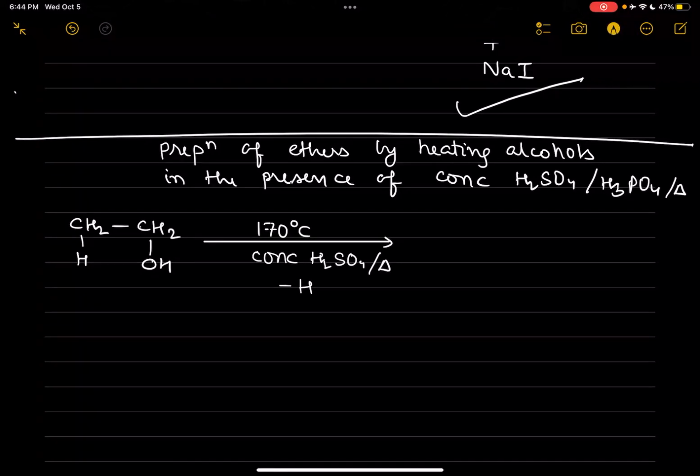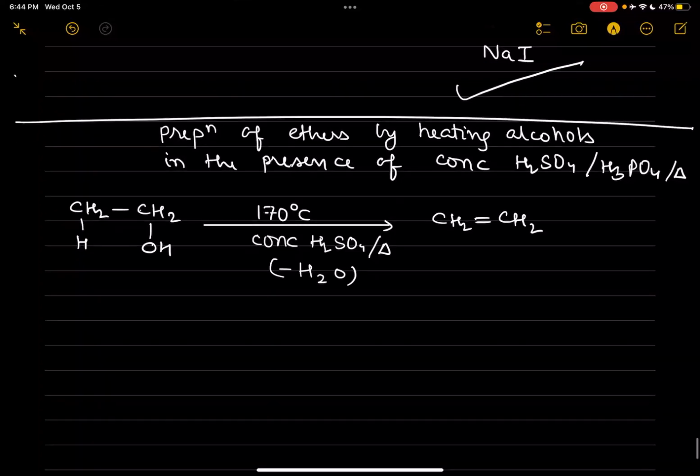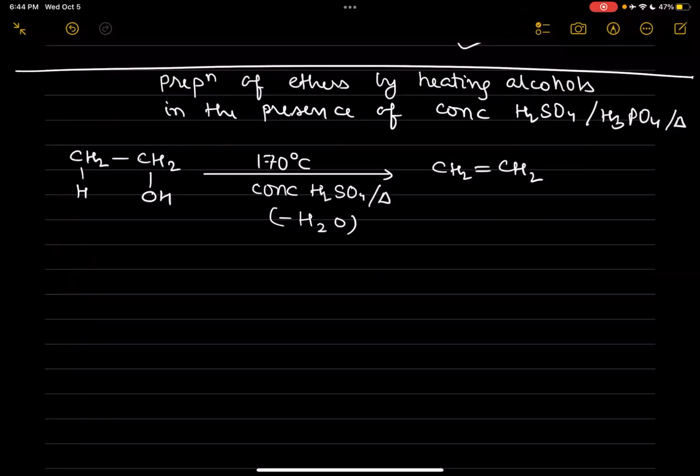Or you can take H3PO4 also. So I'm going to write minus H2O, and I'm going to end up with an alkene. This is an acid catalyzed dehydration elimination reaction, and we have seen the more substituted, more branched alkene is going to be the major product. That's what we discussed, and this is an elimination reaction.